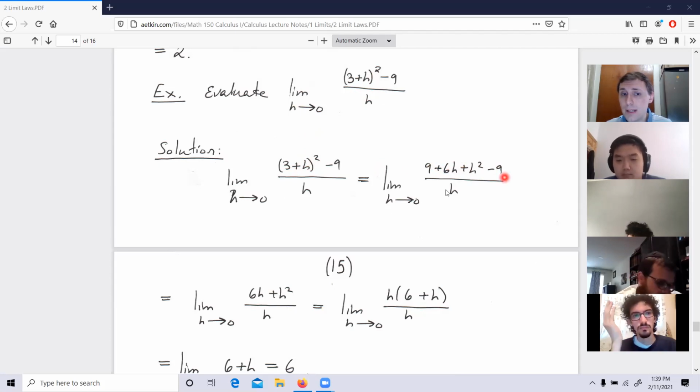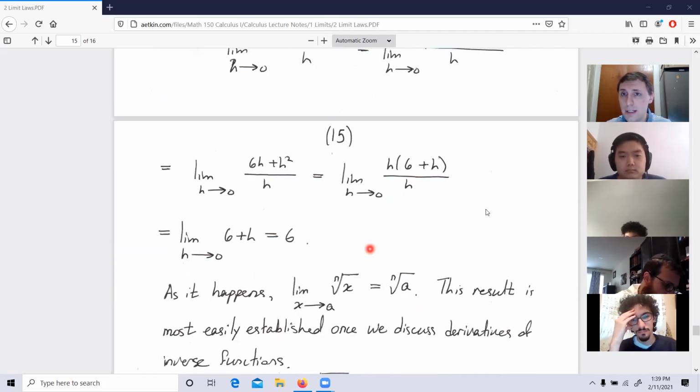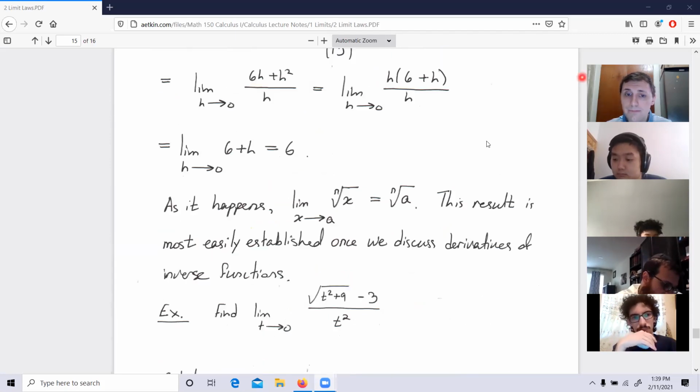The 9's cross out, and I'm left with 6h plus h squared over h. I can factor out the h, cross it out, and you have 6 plus h. The limit will be 6. And everybody who said the limit is 6, let's see how many people said that. Well, quite a lot. Not everybody responds, but okay, quite a lot.